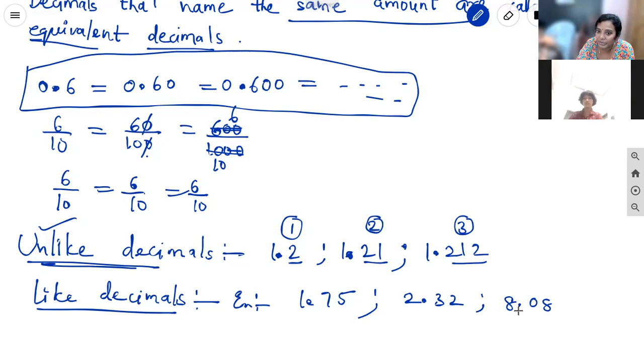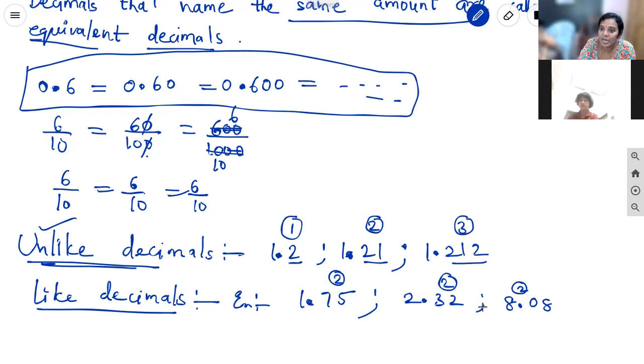Observe how many digits are after the decimal point: 2 digits. Again, 2 digits. Again, 2 digits. Such decimal numbers are called like decimals.